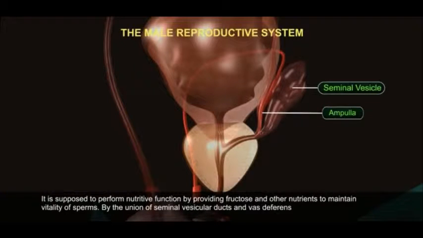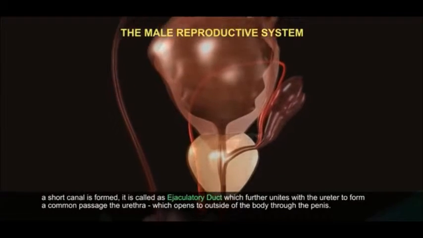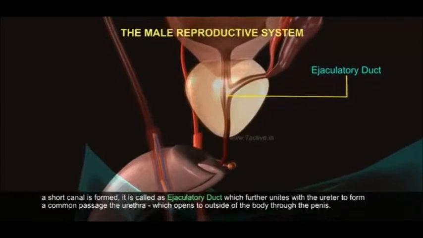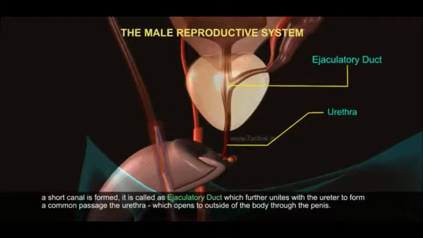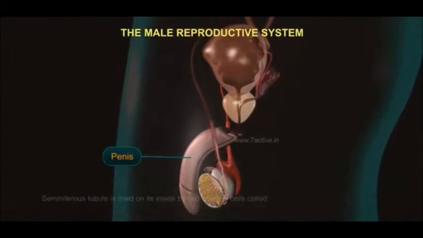By the union of seminal vesicular ducts and vas deferens, a short canal is formed. It is called the ejaculatory duct, which further unites with the ureter to form a common passage, the urethra, which opens to the outside of the body through the penis.